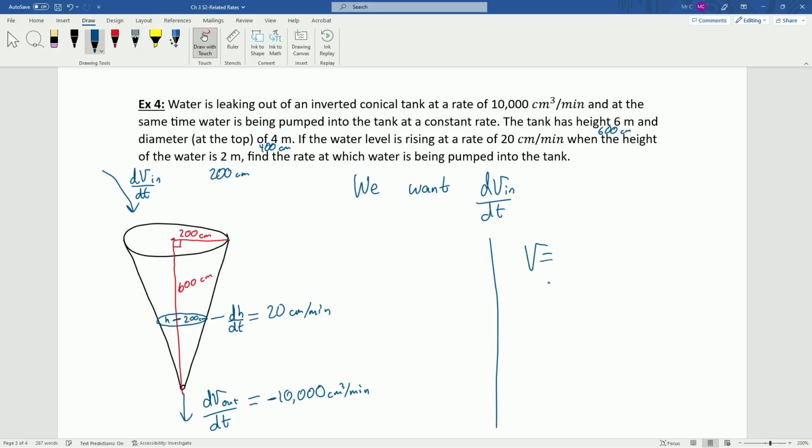The volume of a cone is 1/3 the area of the base, and we're looking at the volume of this water in the cone, so the base is whatever that radius is squared times pi. So 1/3 pi r squared times the height.